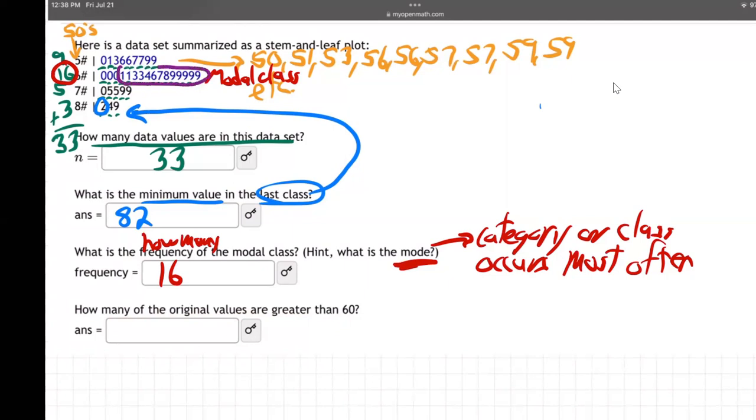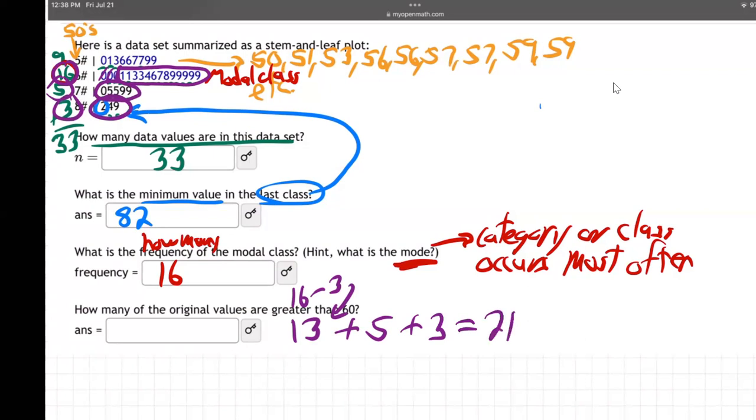Right here, all these, which is 13, I think, because it's 16 take away these 3, right? 16 take away 3 is 13, plus all of these numbers are greater than 60, which is 5 numbers. Plus all of these numbers in the 80s are greater than 60, which is 3 more numbers. So add those up: 13, 18, 19, 21 numbers.